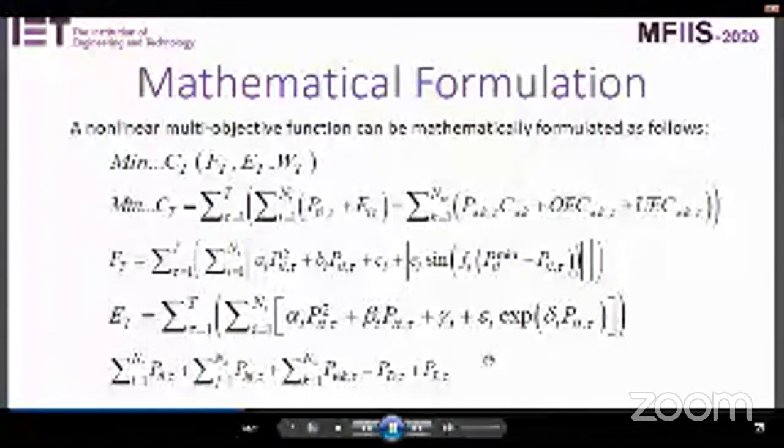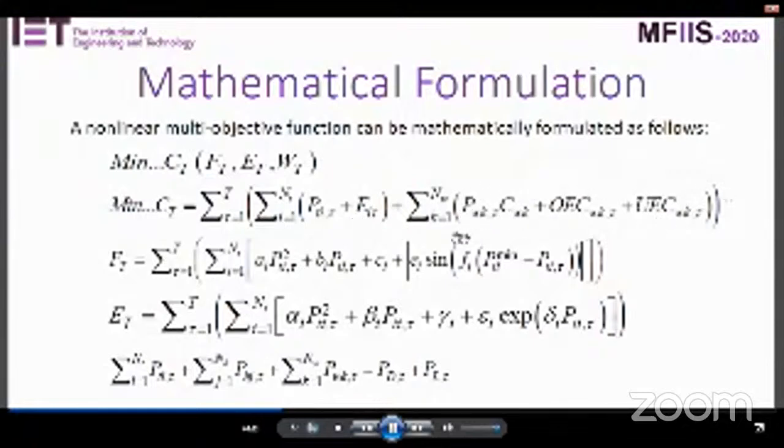A nonlinear multi-objective function can mathematically be formulated as this one. It represents that the objective function depends on the fuel cost, the emission cost, as well as the cost involved in the wind generation technique. This cost expression can be detailed in this way, where this part represents the quadratic cost function in a thermal power plant, and this part represents the emission cost involved in a thermal power plant.